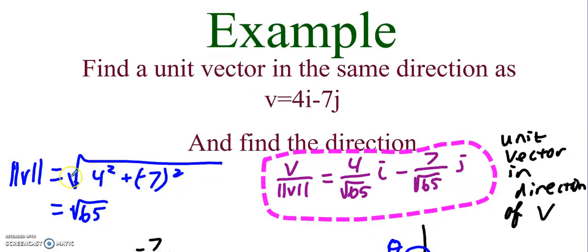Well, first we need to find the magnitude of vector v. So the magnitude of v is the square root of a squared plus b squared, and that's how I get the square root of 65. So then remember, a unit vector in the same direction as a given vector is the vector divided by the magnitude of the vector. So 4 divided by square root of 65 i minus 7 divided by square root of 65 j.